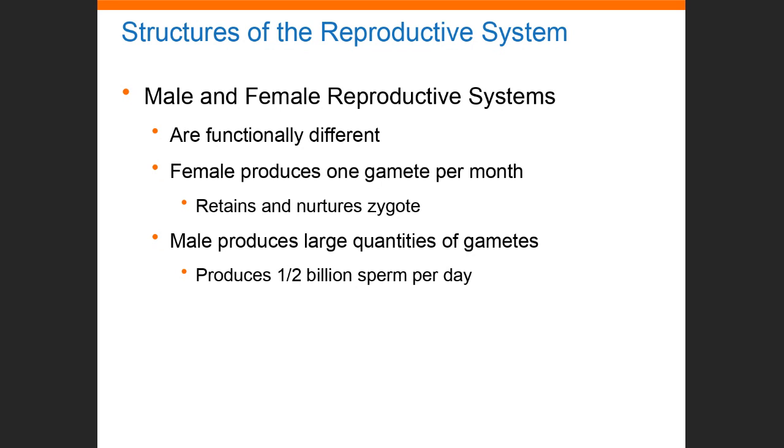Okay, so the female has two parts in that it has to grow its gamete, and then it has to get the gamete to fertilize and then grow the embryo, grow the new entity until the new entity has the ability to be viable outside of mom's protection and body.